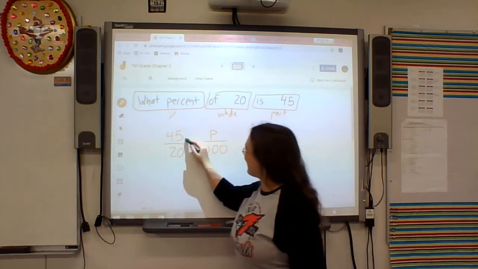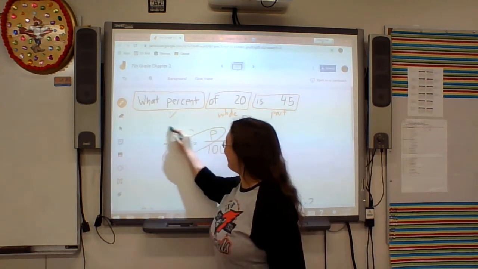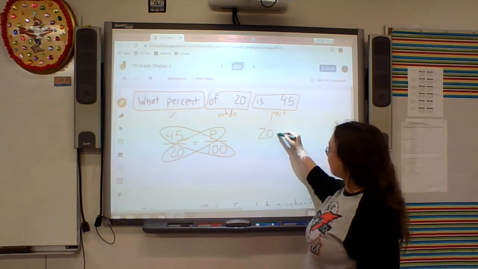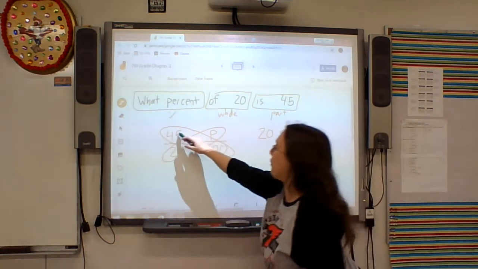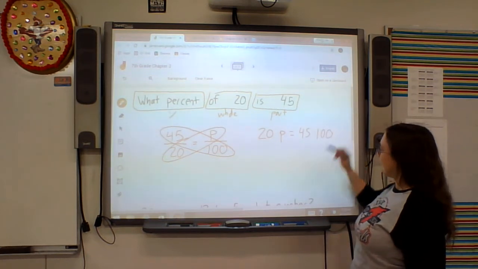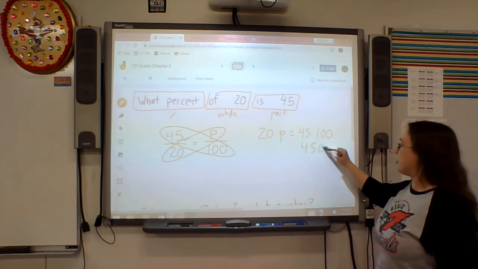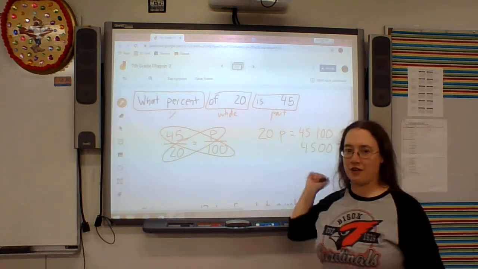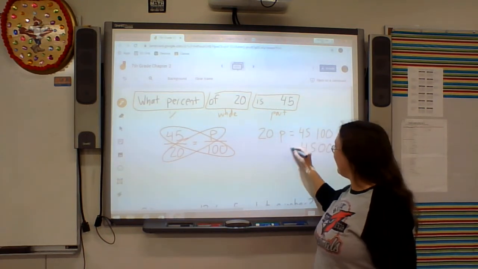Okay, so we're going to take that and we're going to butterfly that. So we got 20 times p equals 45 times 100, which is 4,500, because again, we're just sticking 2 zeros at the end. So anytime you're multiplying by 100, you're just sticking 2 zeros there.